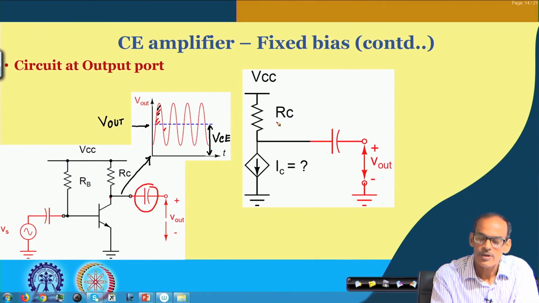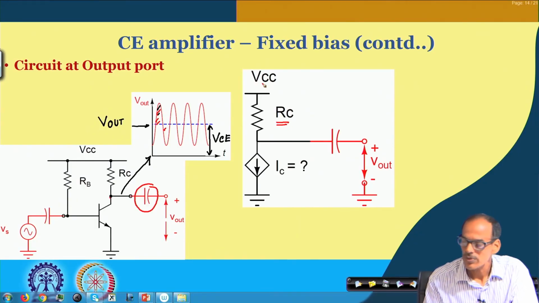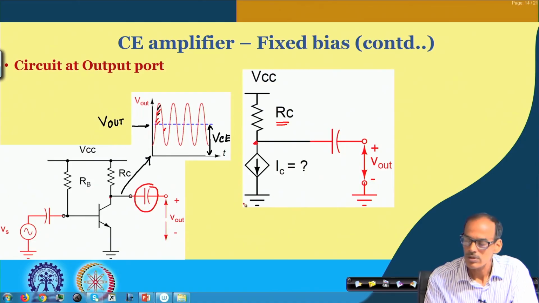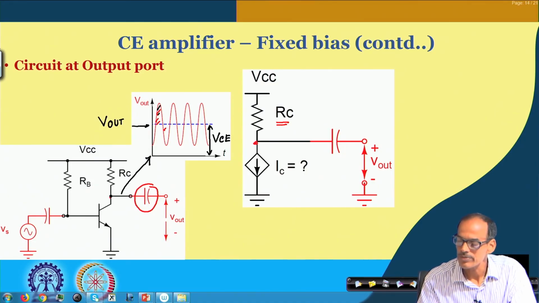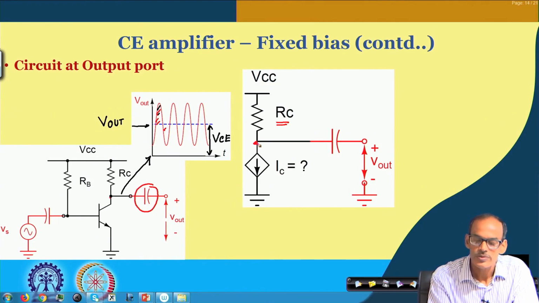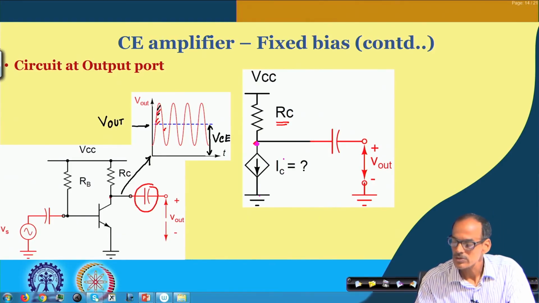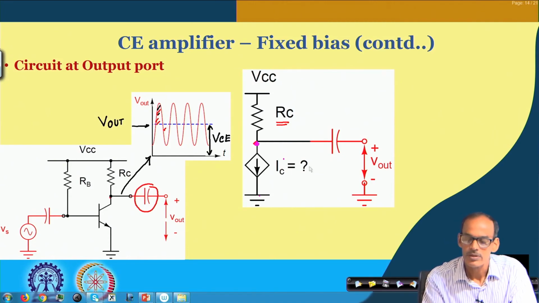We have RC connected to VCC, and then the collector to emitter voltage. So we have the collector current IC. This IC may have two parts.